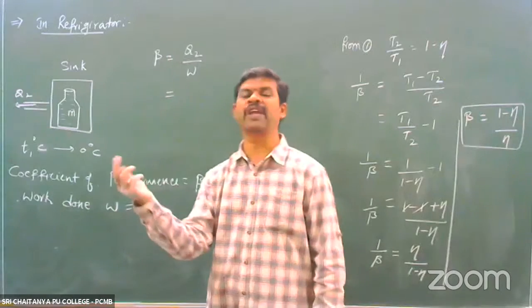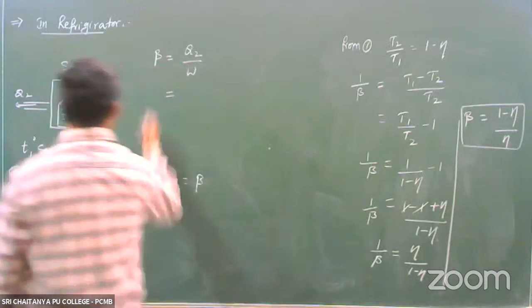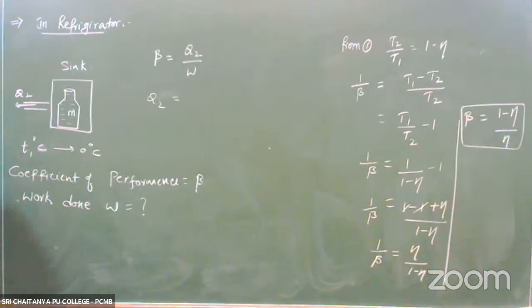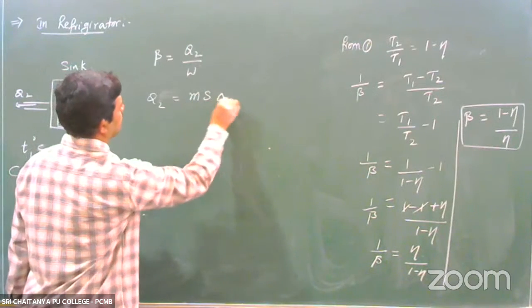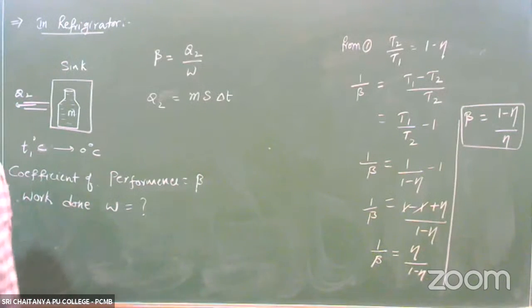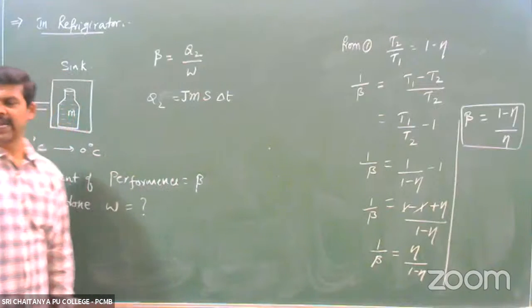What is the amount of heat it lost? How much amount of heat it lost? Q2. Then the change of temperature. Then the amount of heat lost is m s delta T. Now, I can write it with J. Why am I writing J?